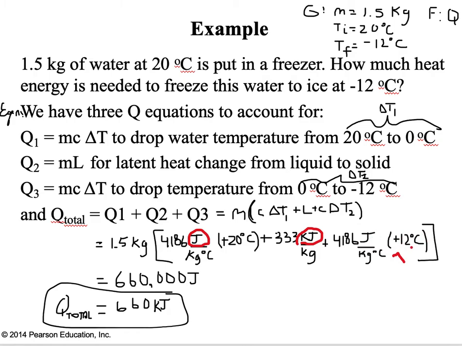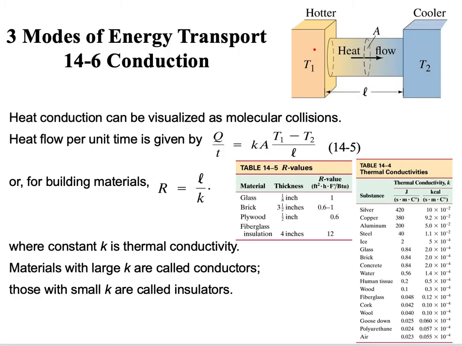So we add in our third Q. We multiply everything out, and we get a value of 660,000 joules, which if we convert to kilojoules, we divide by 1,000, we get the total amount of heat is 660 kilojoules. That's the amount of heat that needs to be removed from the water to convert it from room temperature all the way down into ice at minus 12 degrees Celsius.